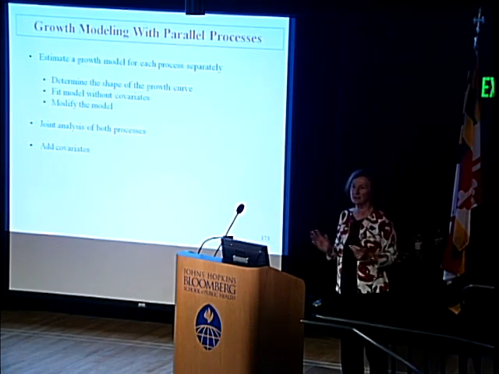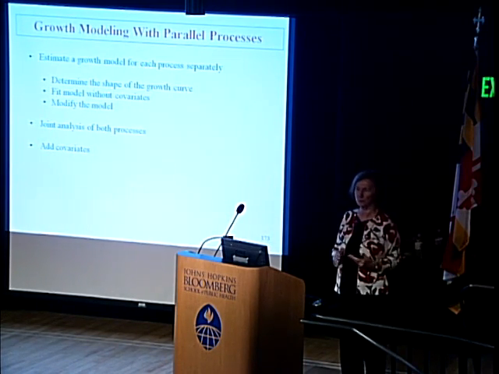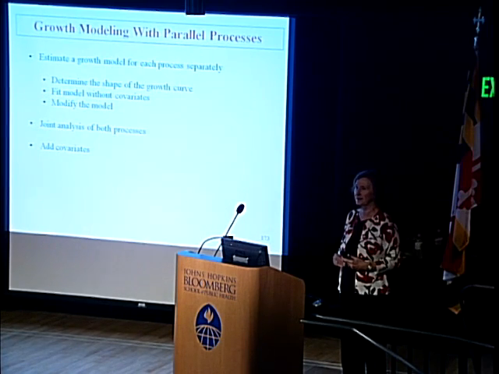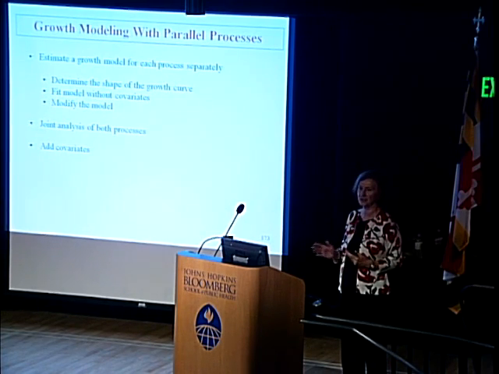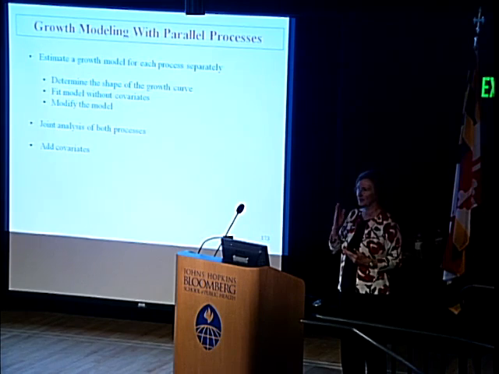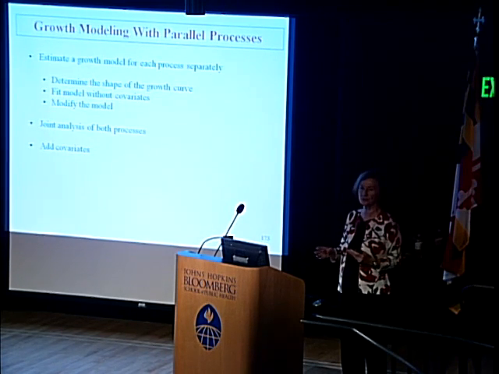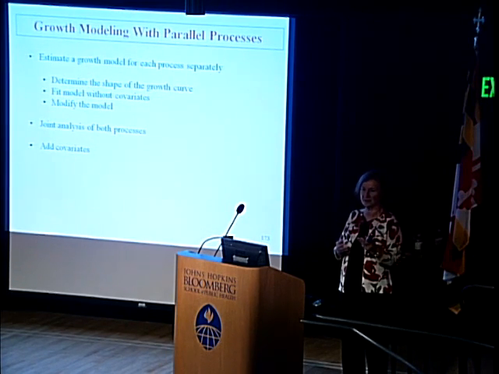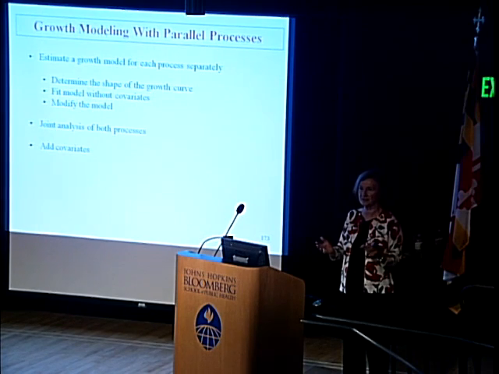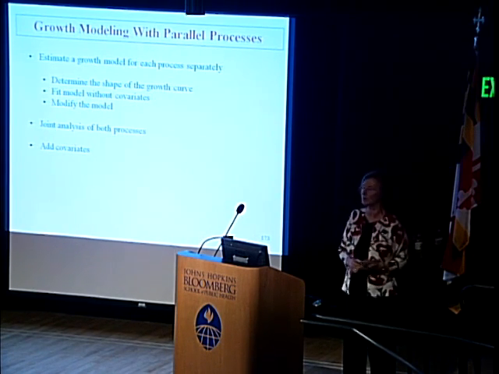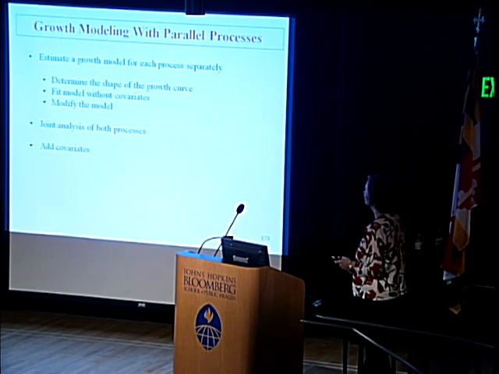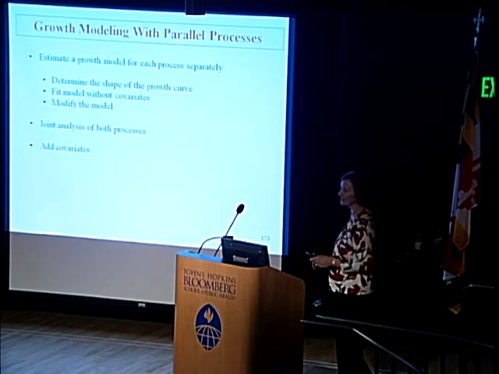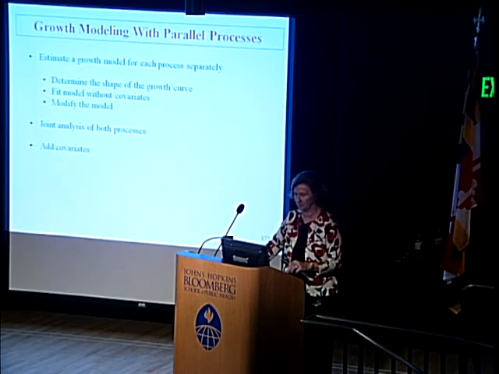As in all data analysis, it's really a good idea to do it stepwise in an organized fashion so that you can catch what's going on. If you try to just estimate both growth models at the same time with covariates, if it doesn't work, you have no idea why it's not working, then you have to go back and start at the beginning. So it's best to just go through the process slowly and carefully.